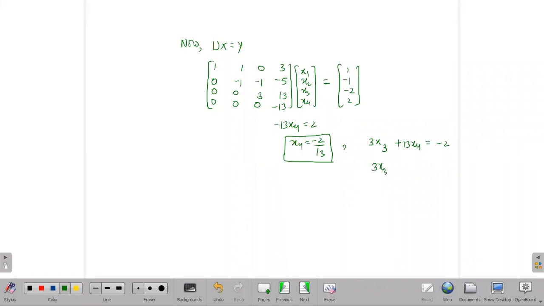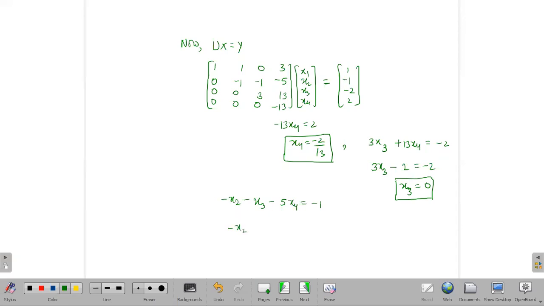So 3x3 minus 2 is -2. So x3 will be 0. And from the second row, minus x1 minus x2 minus x3 minus 5x4, which is equal to -1.